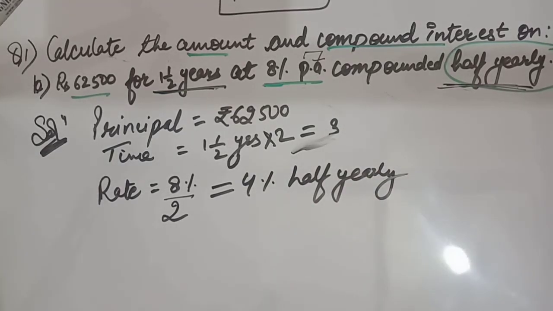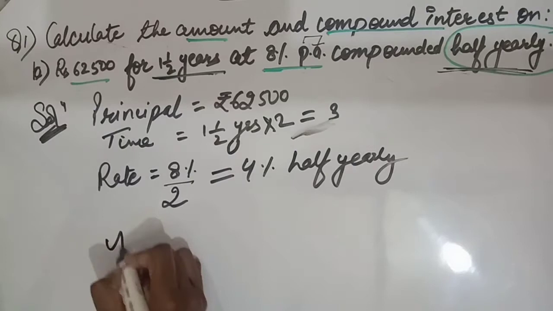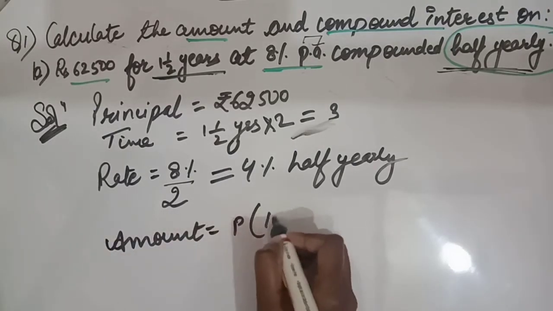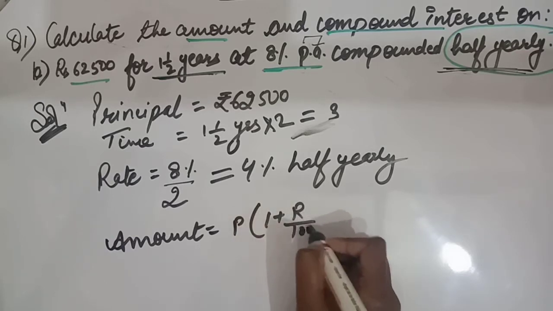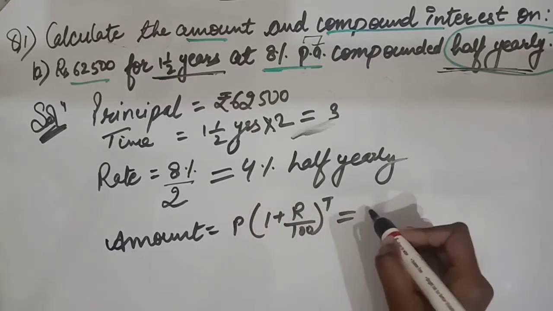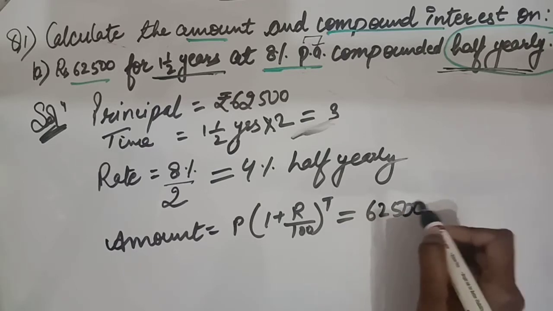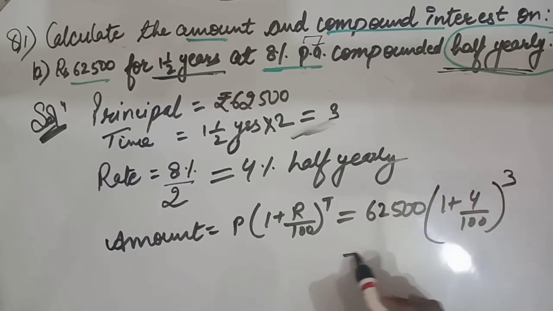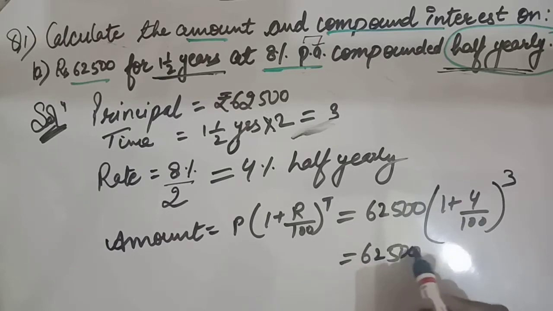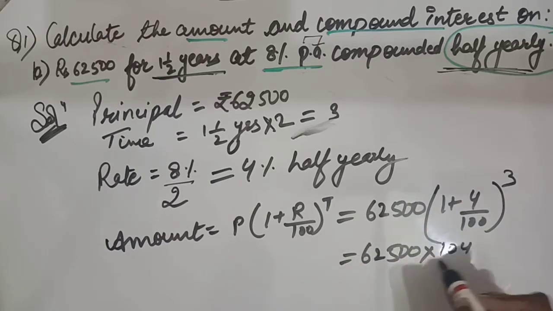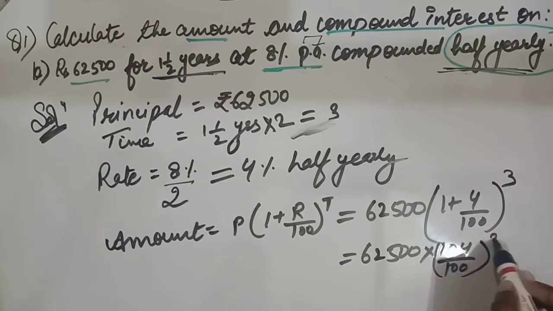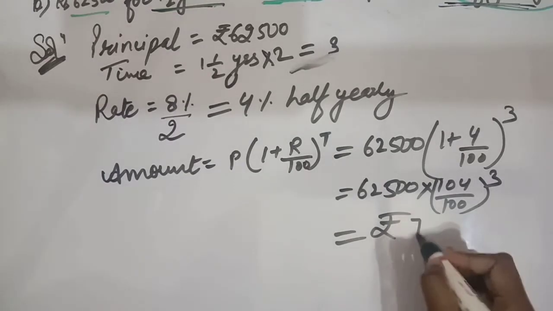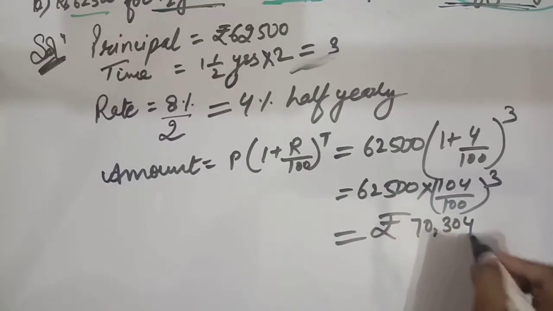Now the amount is P(1 + R/100) to the power T. Principal is 62,500. 1 plus 4 by 100 to the power 3, which will be equal to 70,304 rupees.